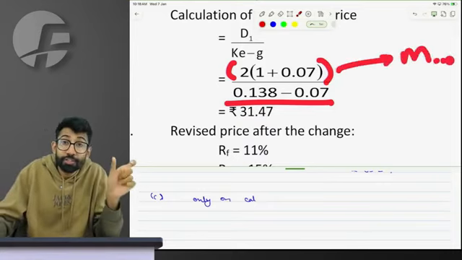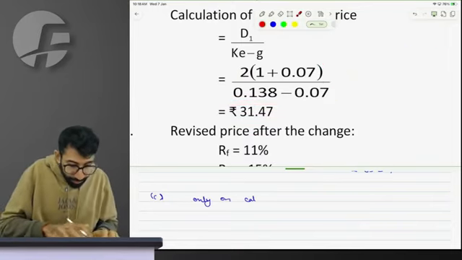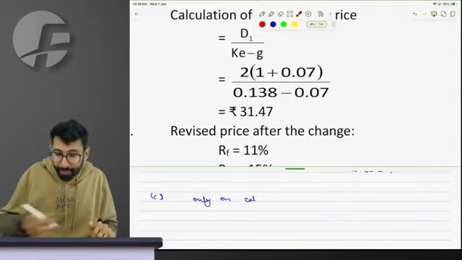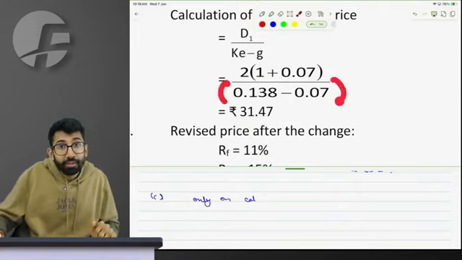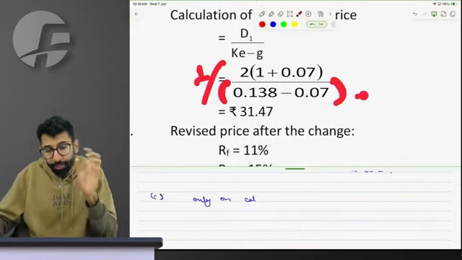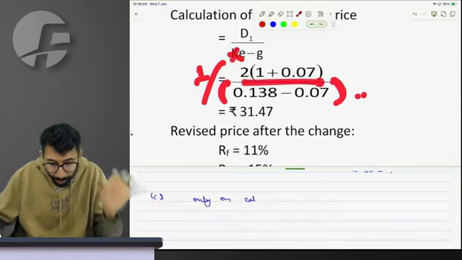The numerator which is there in the memory multiplied by memory recall gives me the answer. So 0.138 minus 0.07 is equal to 0.068 in the denominator. When I press divide equal to, basically I have solved 1 divided by 0.138 minus 0.07. So I need to simply multiply the numerator to it.